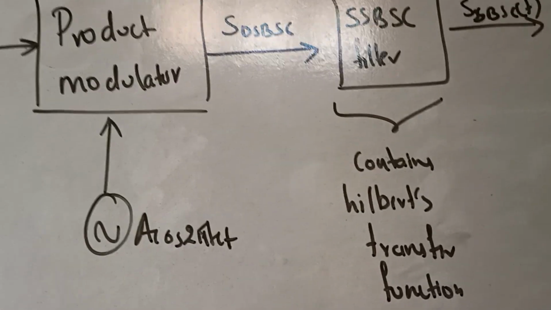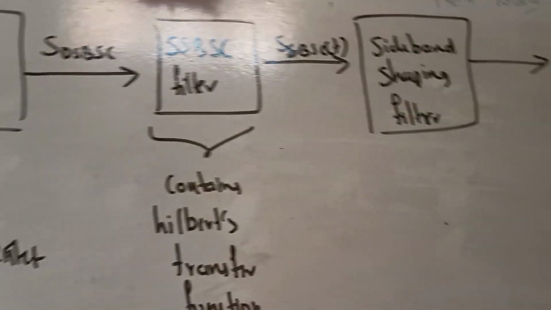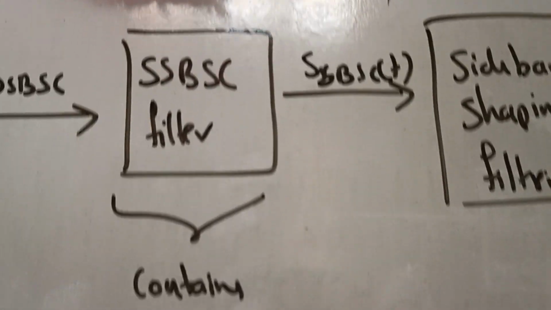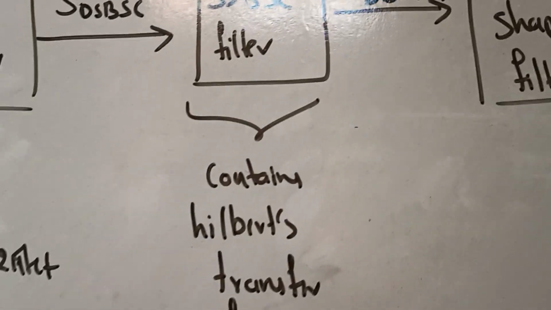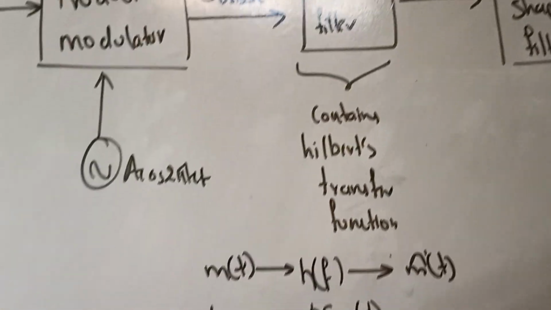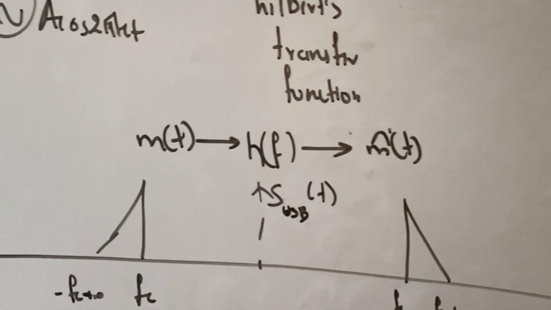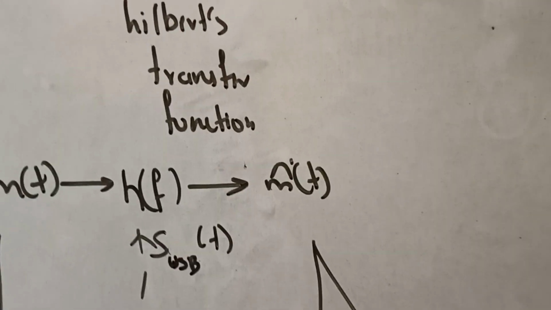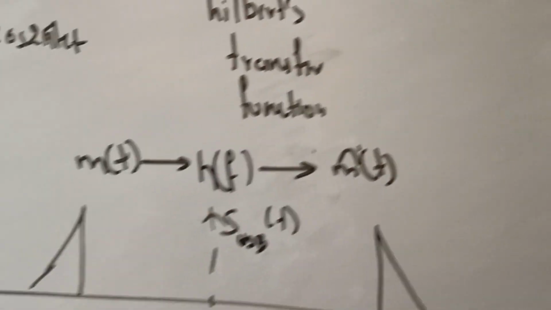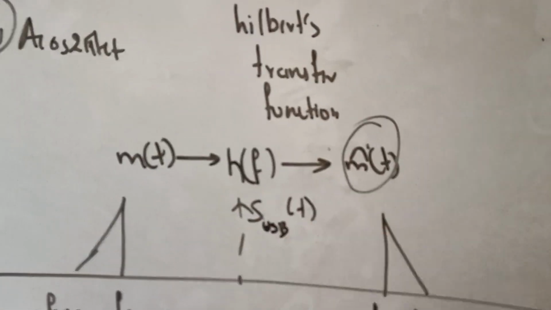If we pass that through the SSBSC filter, we get S of SSBSC T, that is single sideband suppressed carrier. This SSBSC filter consists of the Hilbert function. As you all know, this Hilbert function gives us the complex conjugate of the message signal that we are going to send.